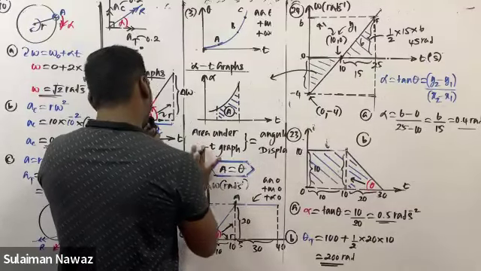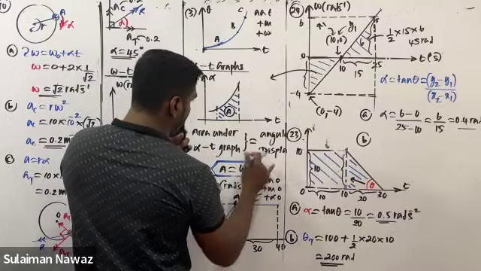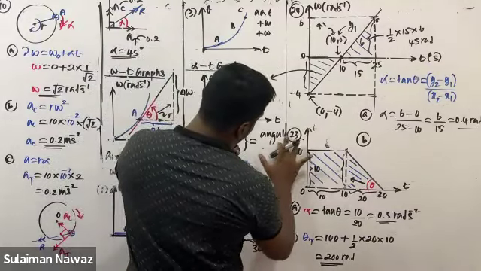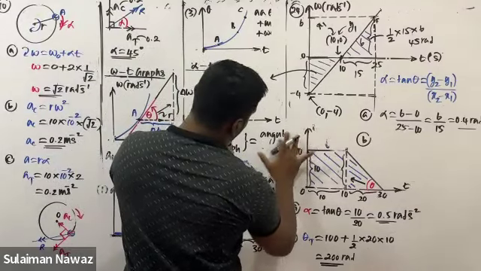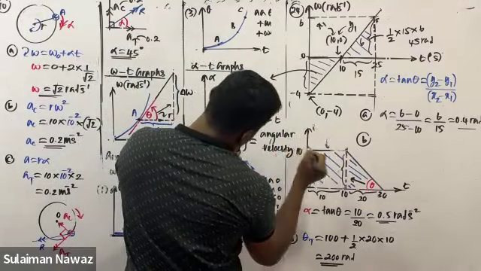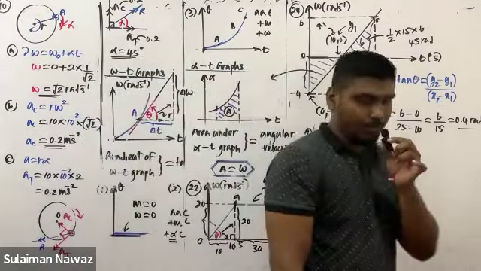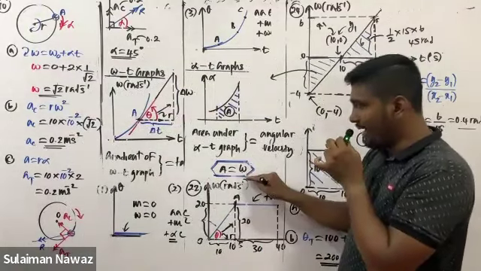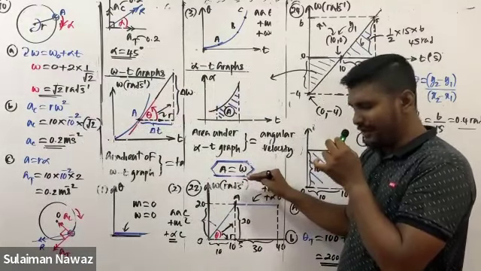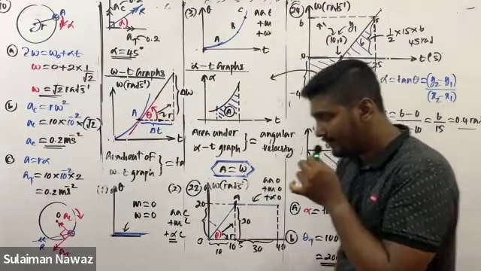Area under alpha-t graph, angular velocity. If you finish writing, raise your hands. Up to here, write, and once you finish, hands up.